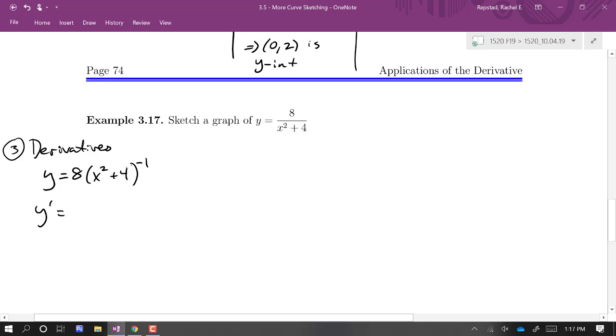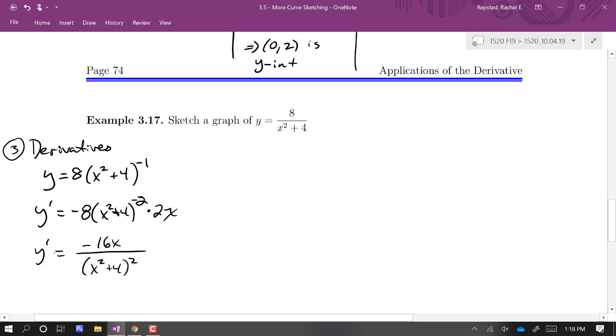We bring the negative 1 down, we get negative 8, then x squared plus 4 to the negative 2nd power, and the chain rule says I have to multiply by 2x. So we get negative 16x over x squared plus 4 squared.